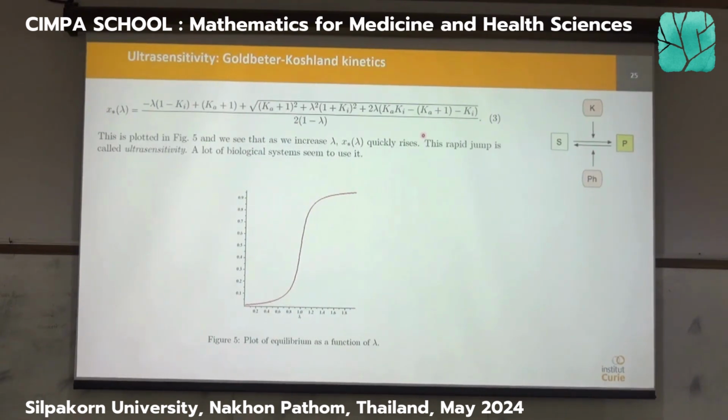And this is called ultra sensitivity. Your system is ultra sensitive to the parameter lambda, because if you apply a small perturbation of your parameter, you will have a great impact on your system. Ultra sensitivity.